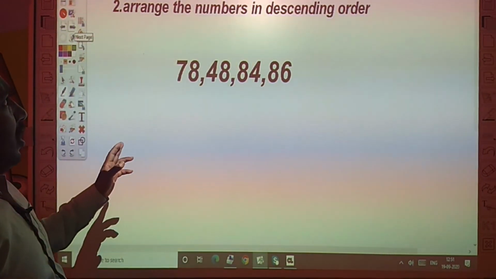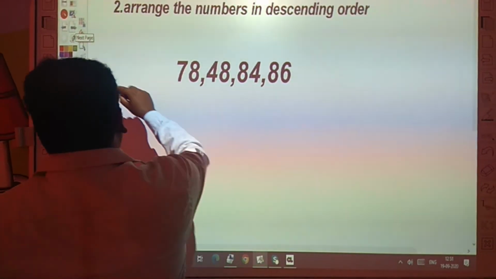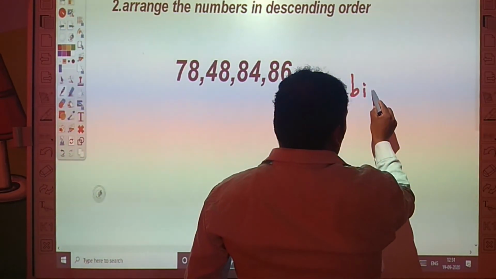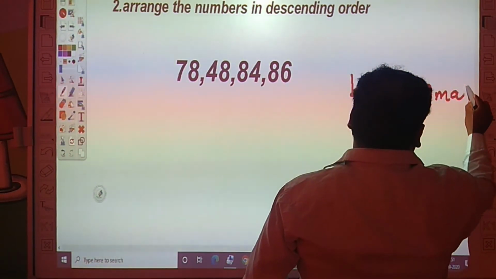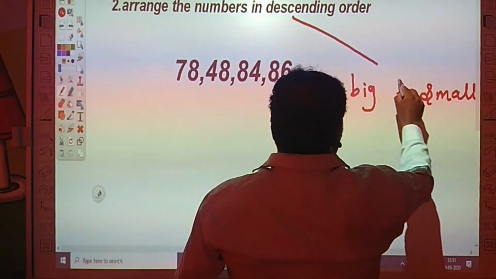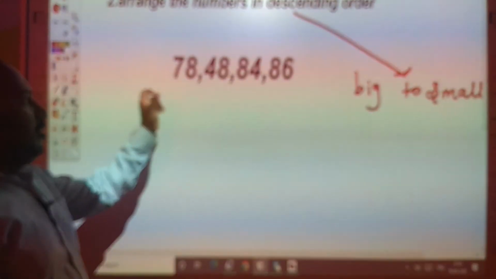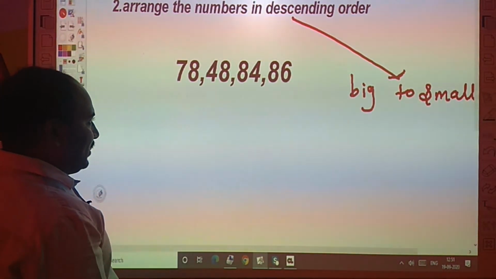Next one, arrange the numbers in descending order. Descending order means big to small. Big to small is called the descending order. We compare 4 numbers. First one 78, second one 48, third one 84, then fourth one 86.